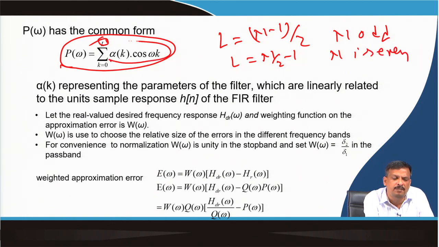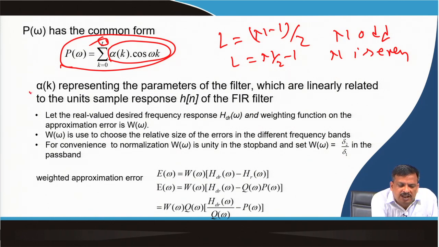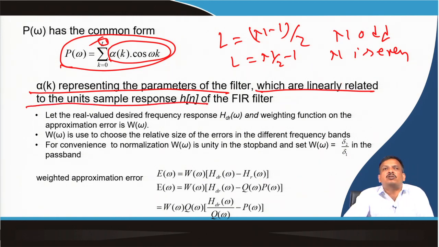Otherwise, all are the same. Alpha_k is a variable, which may be a_k, b_k, c_k or d_k. So, this alpha_k represents the parameters of the filter, which are linearly related to the impulse response of the filter.